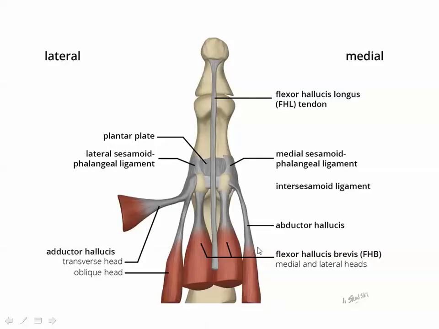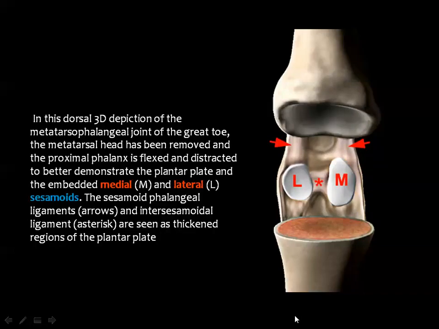And you know that at the big toe, at the metatarsophalangeal joint, there are two sesamoid bones that are connected by a ligament known as the intersesamoid ligament. And each sesamoid bone is connected to the phalanx by a ligament, which are known as the lateral and the medial sesamoid ligaments. Any injury of this ligamentous complex or any strain and soft tissue damage will result in this turf toe.